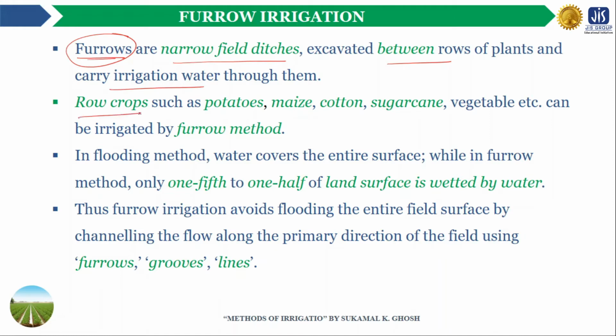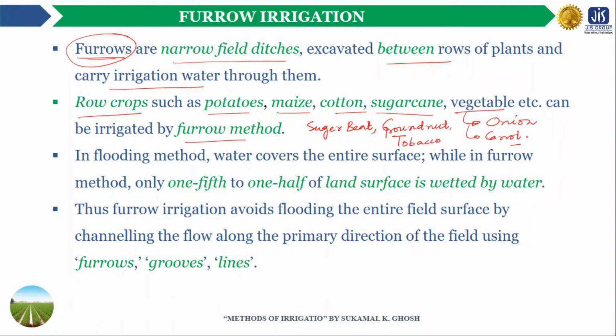Various row crops such as potatoes, maize, cotton, sugarcane and vegetables such as onion and carrot can be irrigated by the furrow method. Other crops such as sugar beet, groundnut and tobacco can also be irrigated by this method.